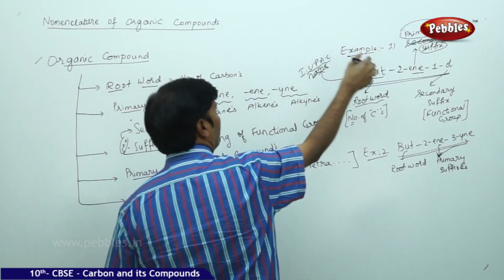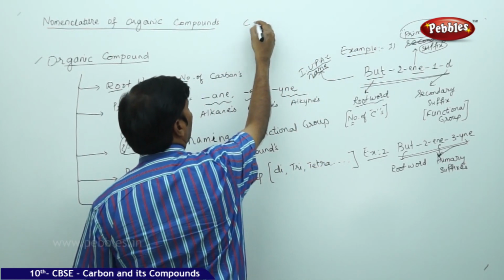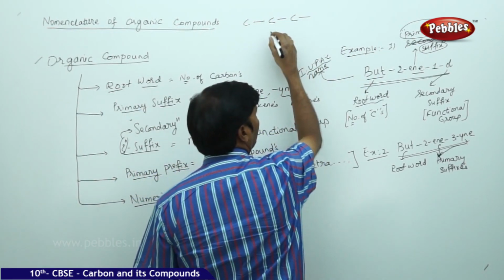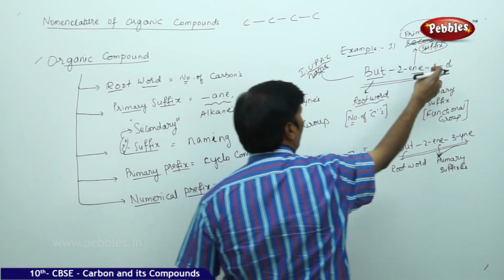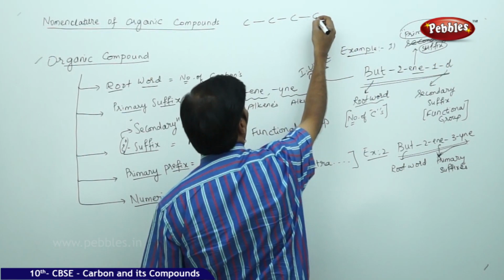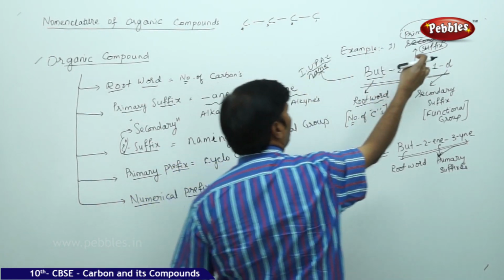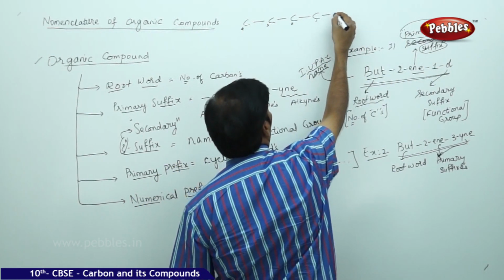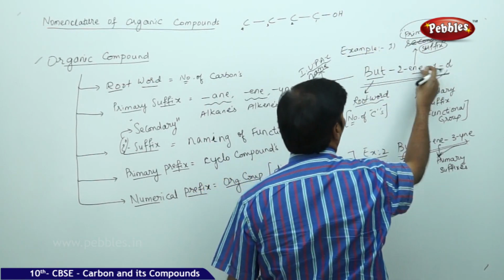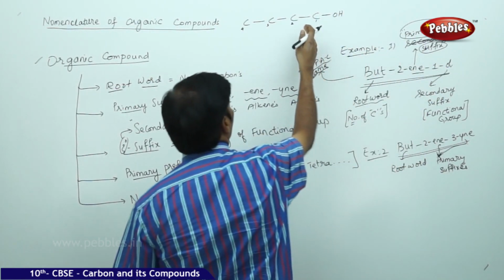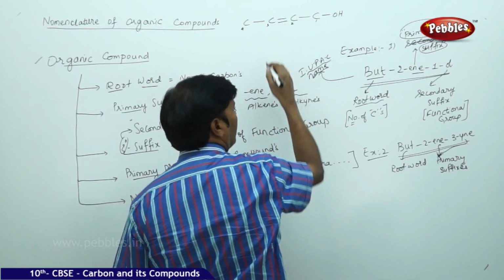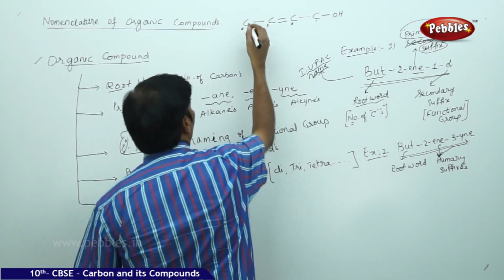For example, 1, 2, 3, 4, 1-ol. If you take the numbering 1, 2, 3 and 4, ol means it is an alcohol. So attach OH. Then 2-en means after the second carbon you create one double bond. Satisfy the tetravalencies.